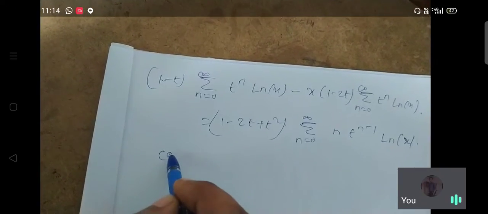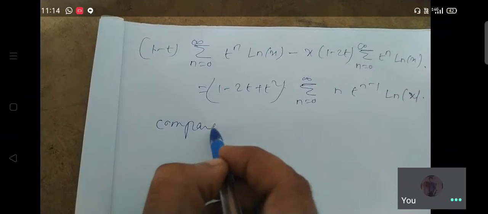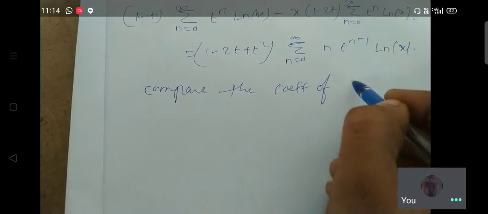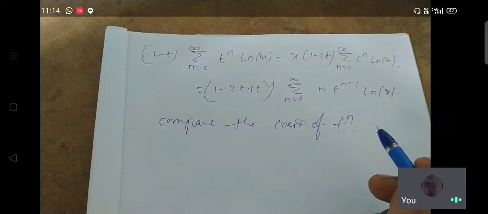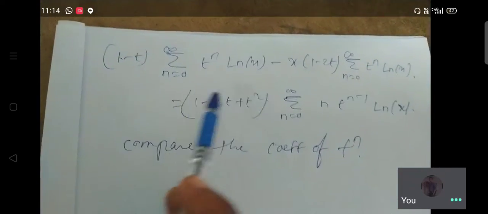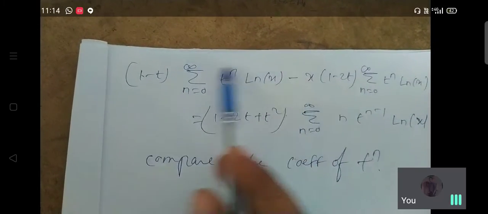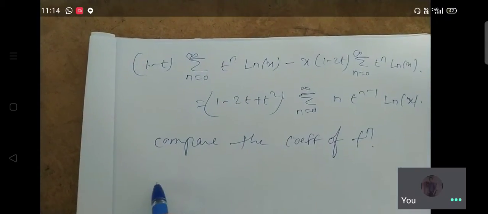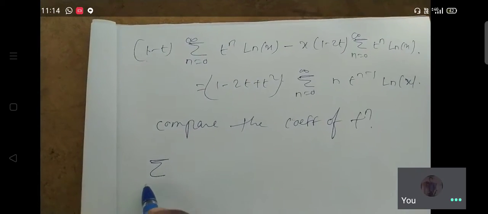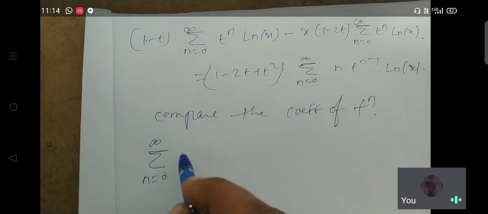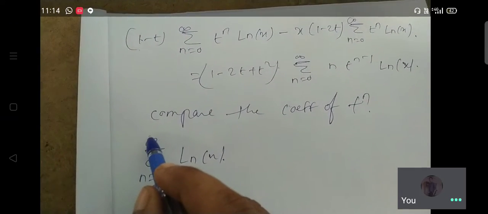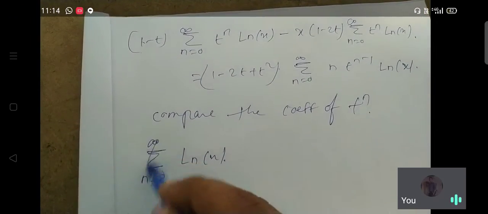So now compare the coefficients of t power of n. So let's see the summation into 1, then the summation n equal to 0 to infinity into L_n(x). Don't consider the summation now.